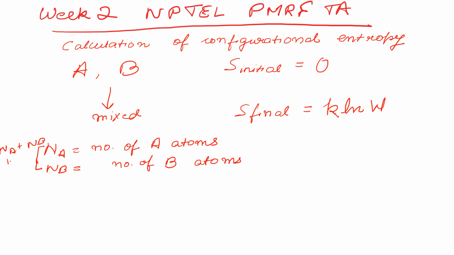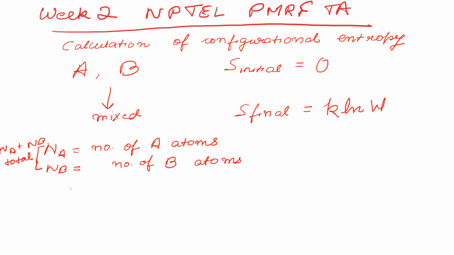Now if I have a total of Na plus Nb atoms, my whole formula starts out with the calculation of the total number of ways in which the total of Na plus Nb atoms can be arranged.